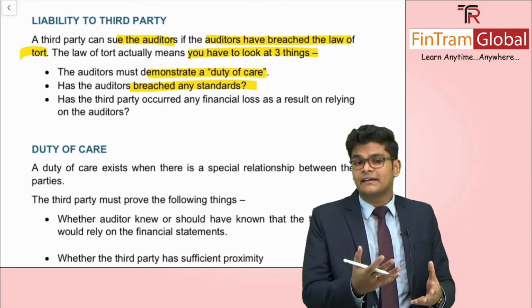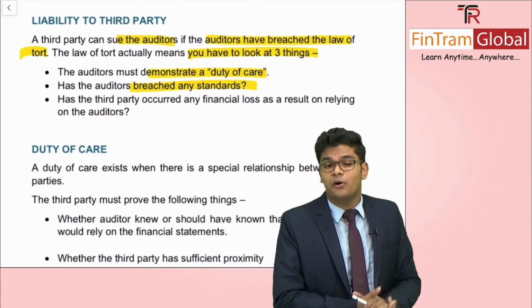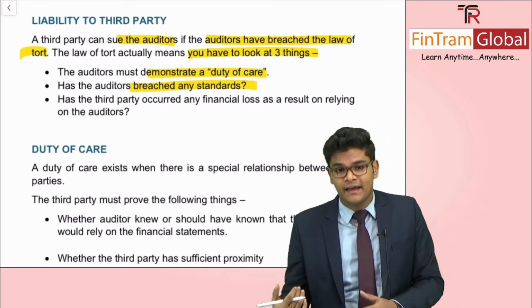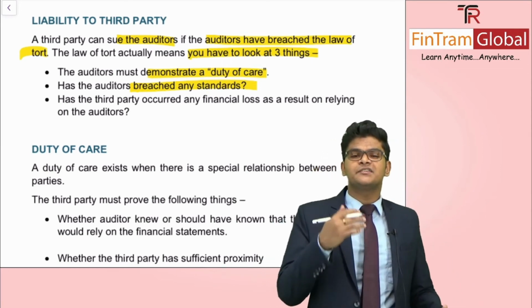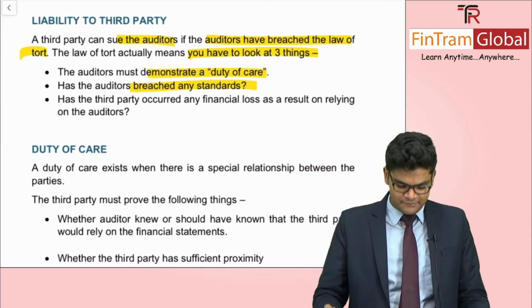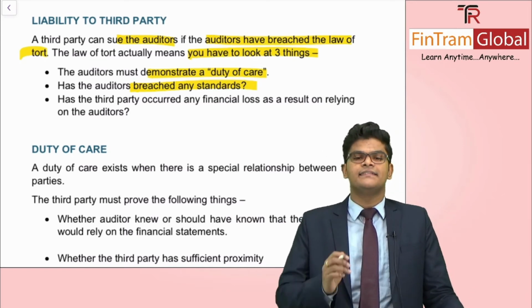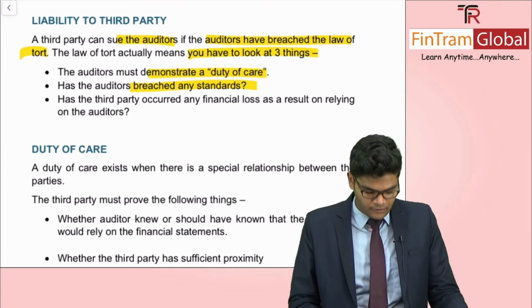Would they sue the client? Well, rather they would be much more comfortable suing the audit firm, since they provided the opinion and the intended users have relied on that particular opinion. So keep this in mind. If the auditor has breached any standards, then that is yet another breach of the law of tort, okay folks. So remember that.